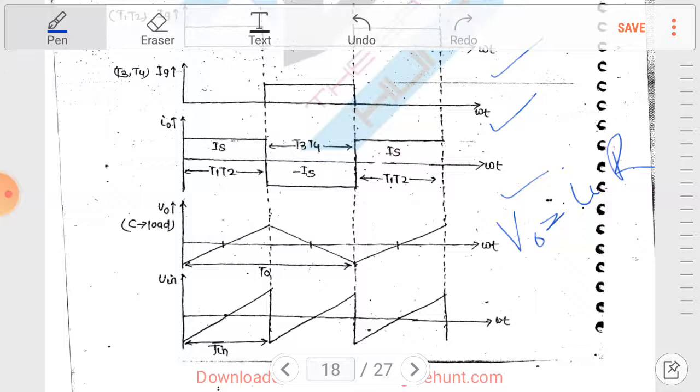But here we are watching the output voltage waveform for the capacitive load. Here the output voltage for a capacitive load will be a triangular waveform, as we are observing here. The input voltage waveform will be a sawtooth waveform.